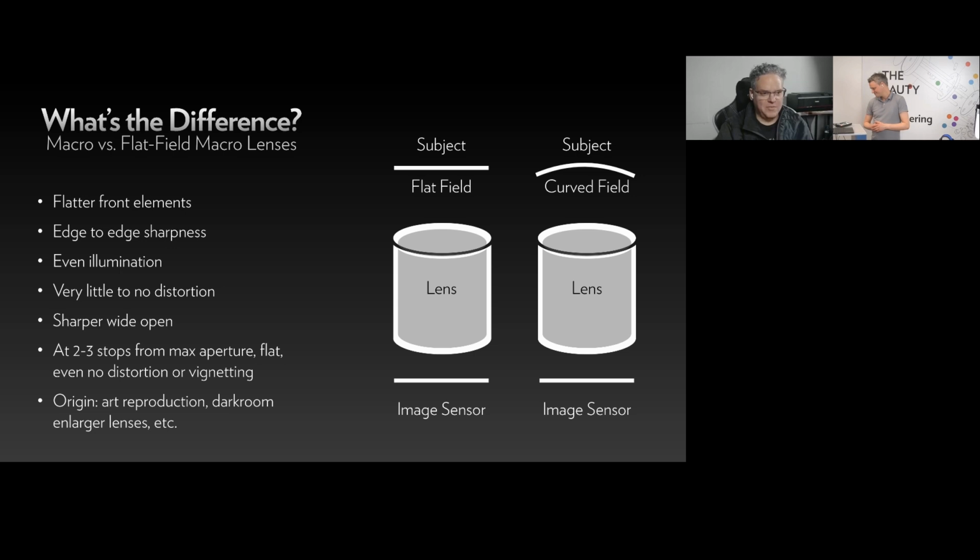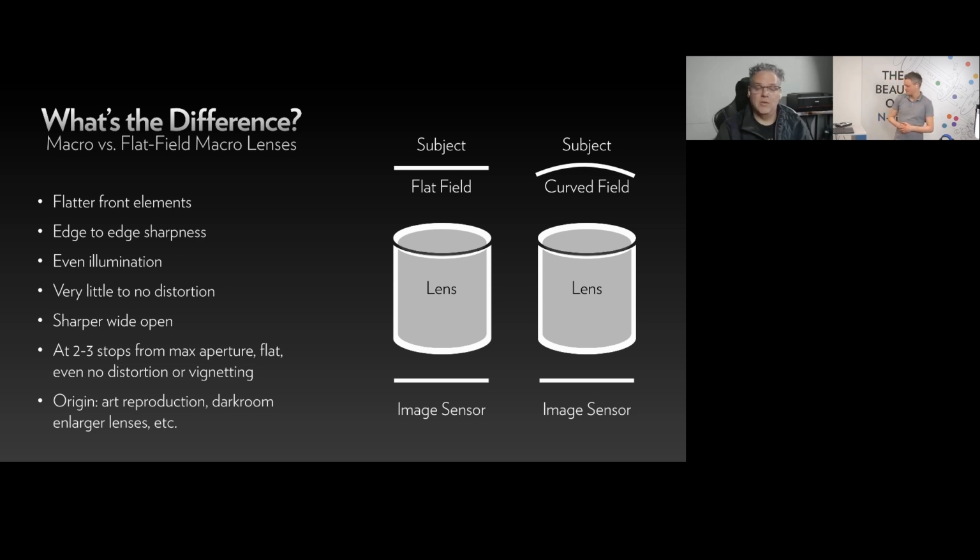The flat field macro lens has flatter front elements. Why does that matter? Well, it ends up having less of a curved field. It has better edge to edge sharpness, and we'll connect the dots here, but this makes a big difference when you're focus stacking.